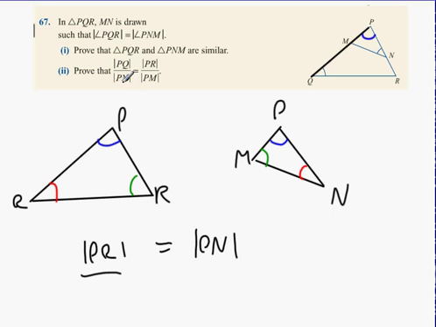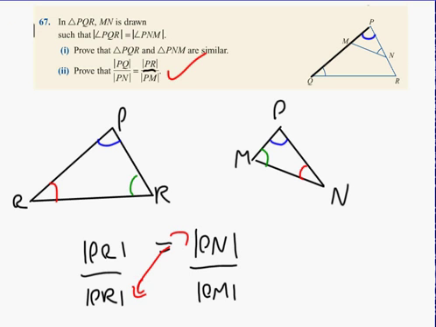Next one, pick another one, PR, because PR is in the answer. PR is in between blue and green. Pick the other one that comes between blue and green: PM. And just cross multiply and interchange the two of these, and you get your answer. So you can just interchange them diagonally, and then you end up with your answer.